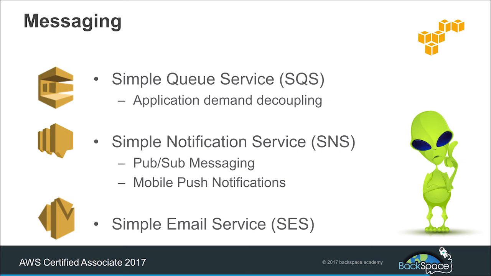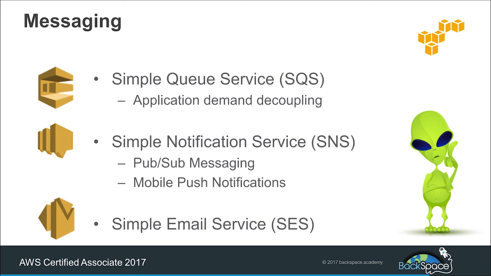In the messaging category, we have Simple Queue Service, or SQS, and that is a serverless service for decoupling our applications from demand. What I mean by that is, for example, if we have an application that is processing messages or whatever it's doing, we can use the Simple Queue Service as a queue in front of our application.